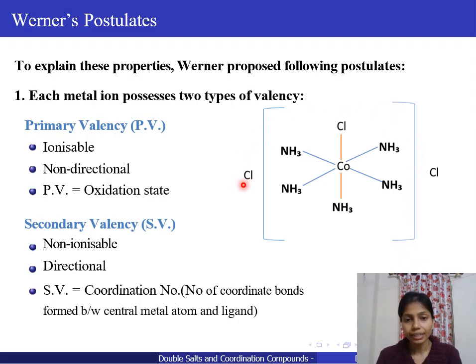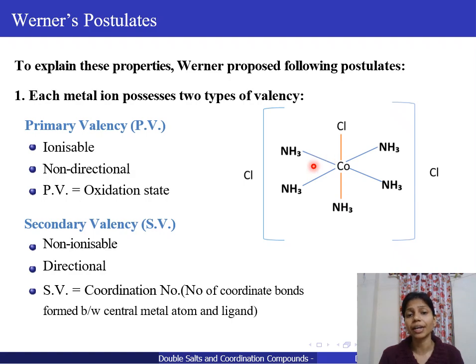The ligands outside the coordination sphere are ionizable, and those have ionic interaction with the central metal ion. That's why when it is dissolved in water, this portion will be ionized, because they have ionic interaction. But the ligands directly bonded to the metal atom will not dissociate, because they form coordinate covalent bonds with the metal ion.